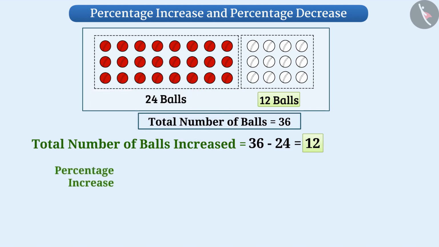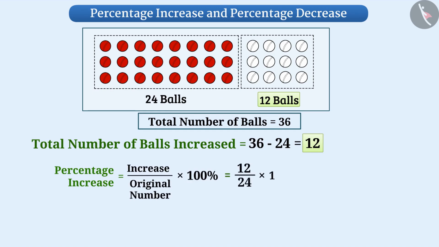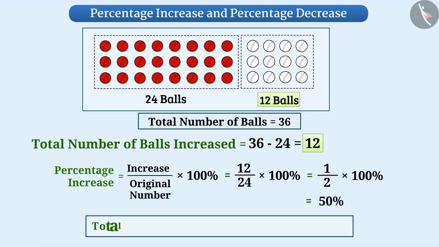Thus, the percentage increase will be increase divided by original number multiplied by 100%. Here, 12 divided by 24 multiplied by 100% is equal to 1 by 2 multiplied by 100% is equal to 50%. This tells us that the total number of balls has increased by 50%.